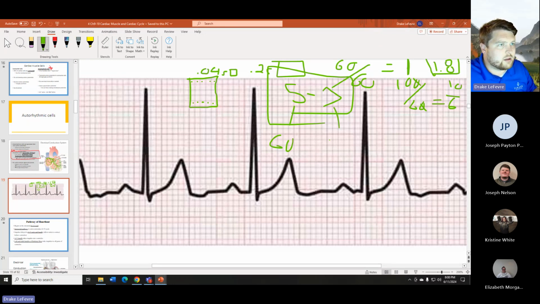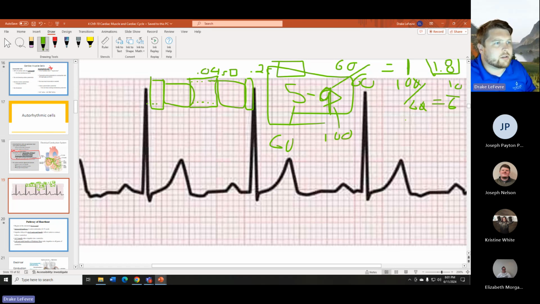Actually it's 5 plus 4. Actually should be 9. 5 to 9 is 100. So between 5 to 9 big boxes. So 1, 2, 3, and then a little less. There's 1, 2, 3, 4-ish. So technically this is closer together.